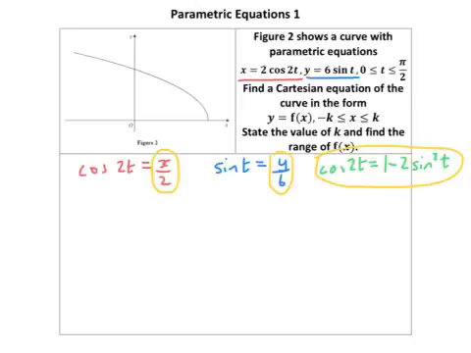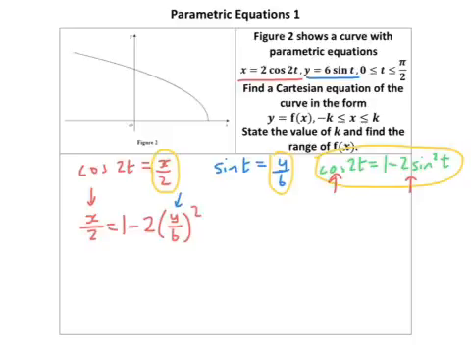So can I therefore write that x over 2 equals 1 minus 2 lots of y over 6 squared, because this is cos 2t, and sine t is this bit here. Now I've got x's and y's, I just need to rearrange and simplify.